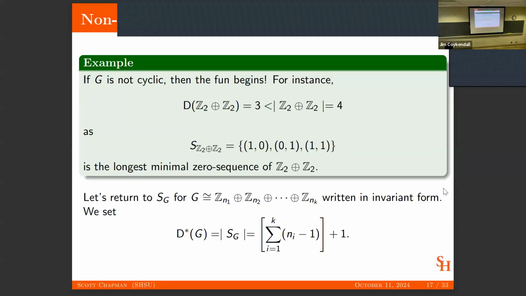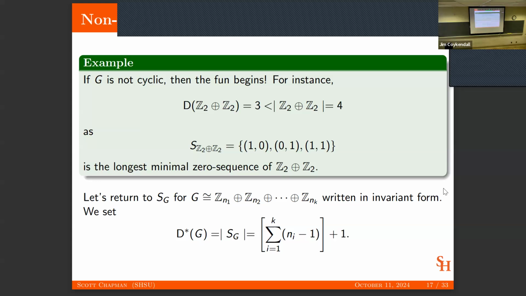Now, let's return to our general case here. Again, I've written G out in terms of its invariant factors. I constructed a minimal zero sequence in there, and I called it S sub G. That was the thing with all the copies of the coordinate vectors in there. And there's how big it is.